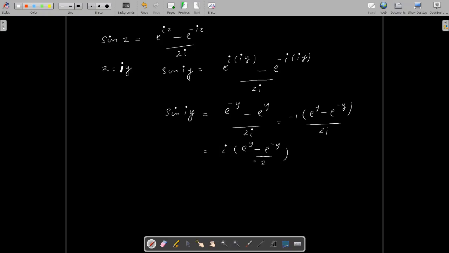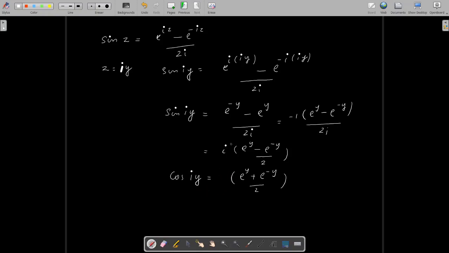So from sin z and cos z, you can get expressions for sin iy and cos iy. For cos iy, we already saw that expression: e raised to y plus e raised to minus y divided by 2. So these are the two expressions.